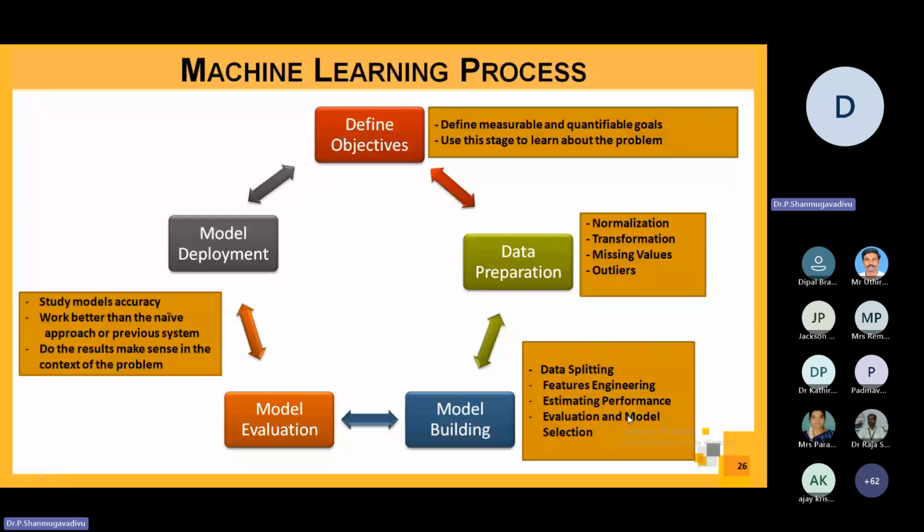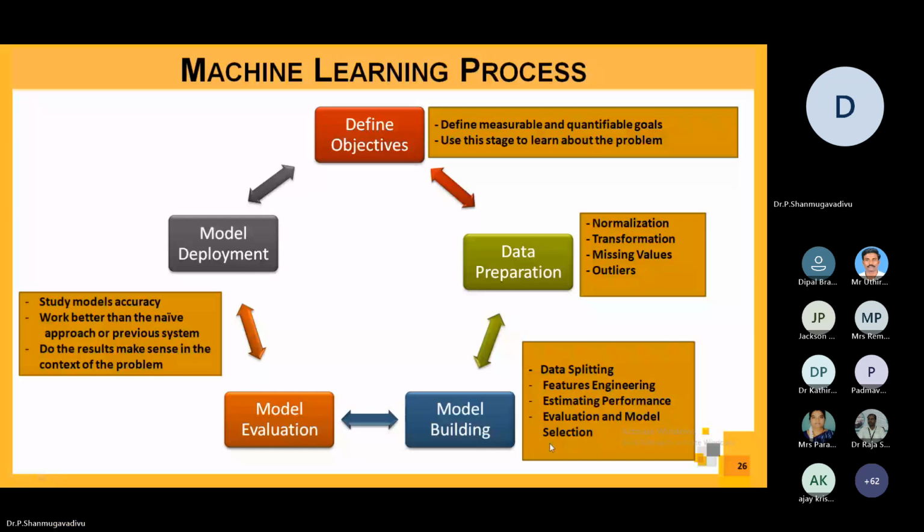It takes care of building based upon the corrections and variations that we give, and then we evaluate the model and it just goes on. So the normalization, transformation, missing values, outliers are being handled. Then data splitting, feature engineering, estimating performance, evaluation, model selection, all are being given.